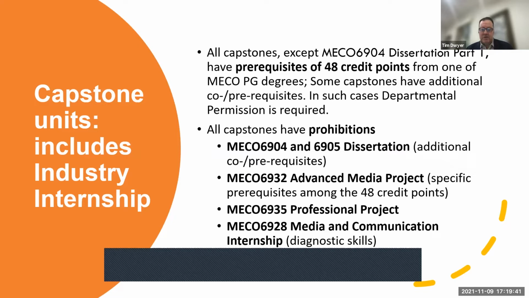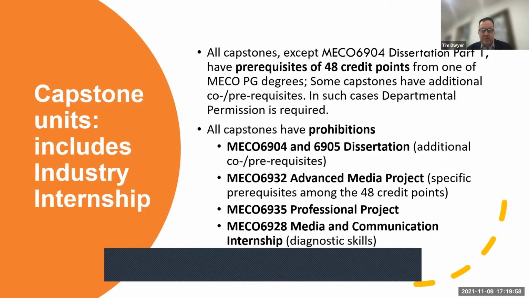All capstones except the dissertation unit, or there's 2 units actually, Part A and Part B, have prerequisites of 48 credit points. Some capstones have additional co or prerequisites. So for example, with the dissertation, the additional co or prerequisite is a methods unit.